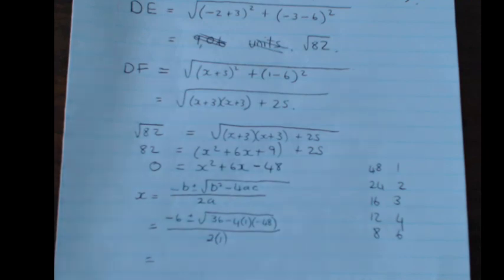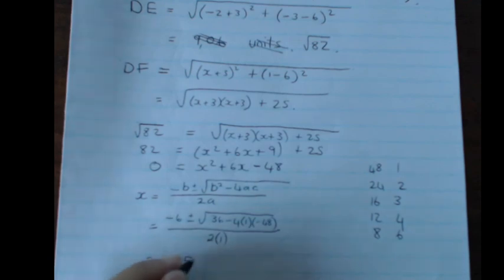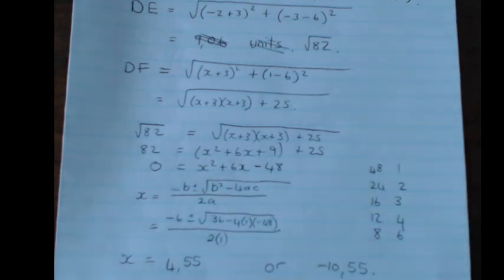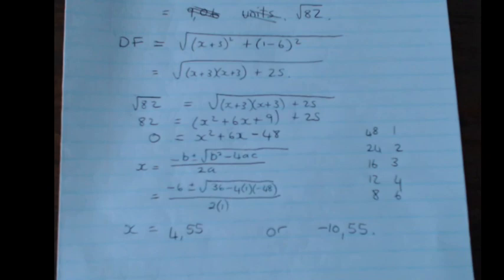So minus 6 plus root 36 and so on, just quickly. Then I get 4.549, so that rounds to 4.55. Or if I make that a minus, it gives me negative 10.549, also negative 10.55. Alright, and that is then my answer.